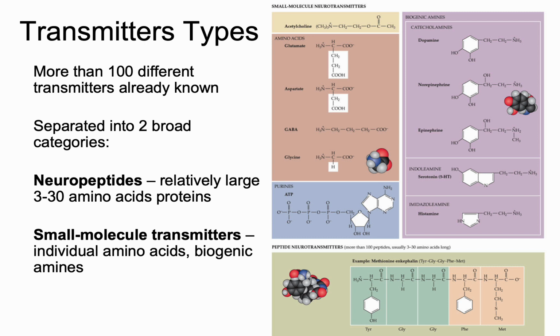And they can be separated into two broad categories. First, and highlighted on the bottom, we have neuropeptides, or peptide neurotransmitters. And they are composed of relatively large proteins, usually 3 to 30 amino acids.